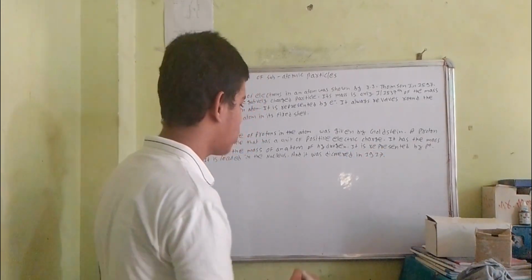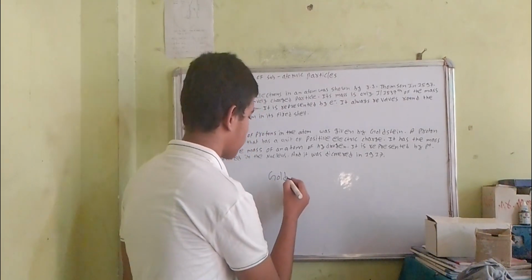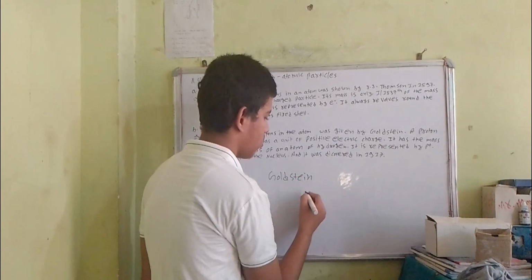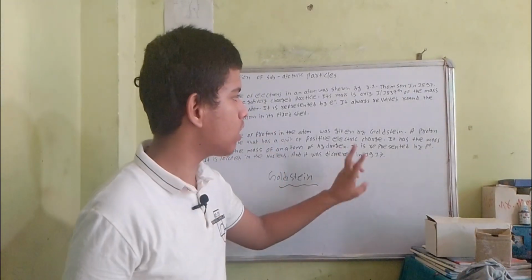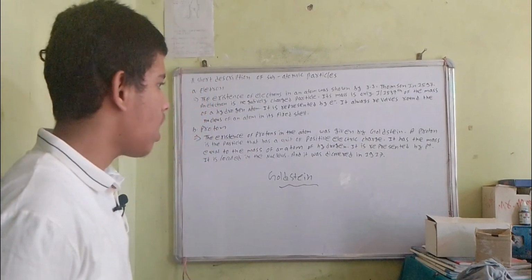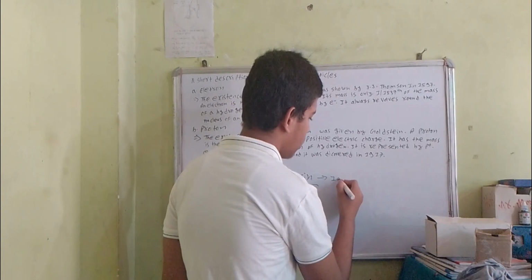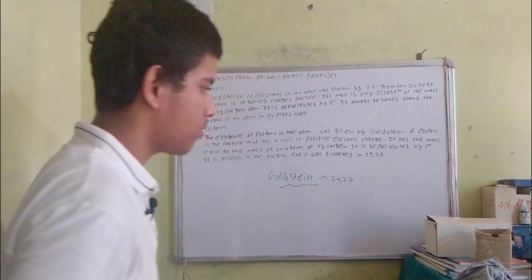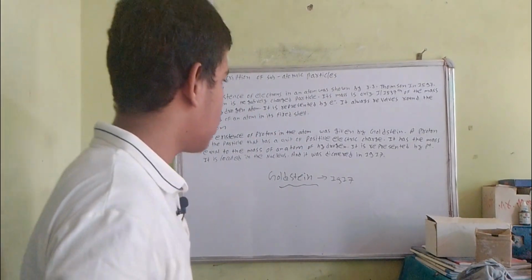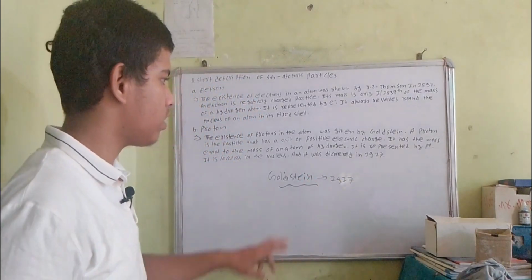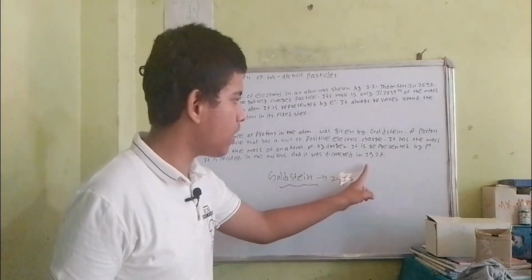This is the name of the scientist who discovered proton, and he discovered it in 1917, right? This date is not written in the book, but I just wrote it over here. It was discovered in 1917.